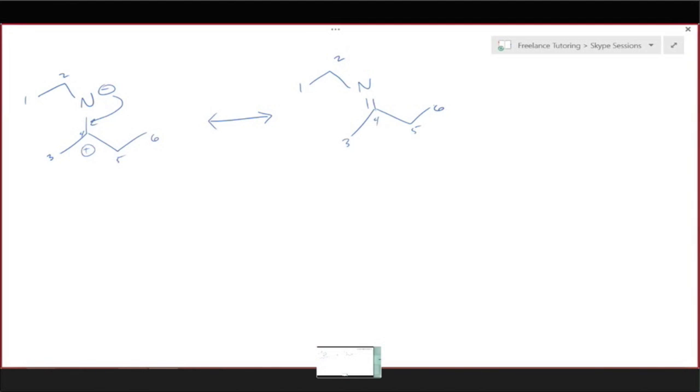So again, now we have a lone pair that's on an atom that's attached to carbon-4 with a positive charge. So what might we predict about reactivity here?